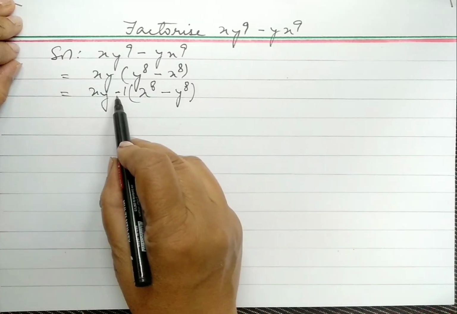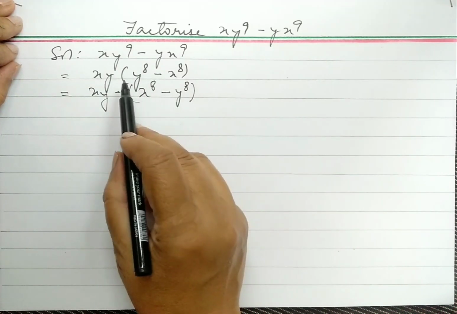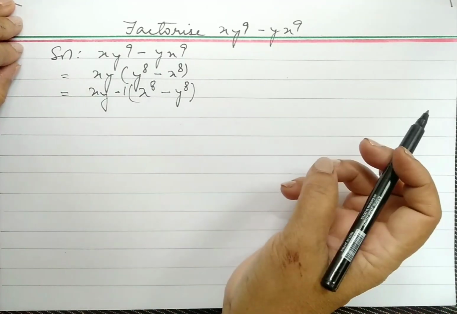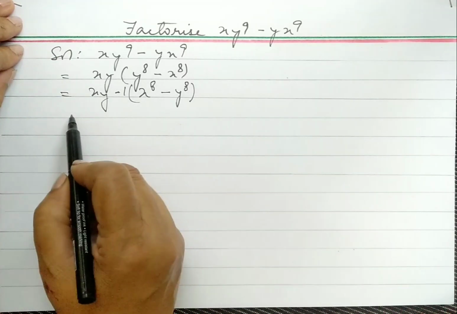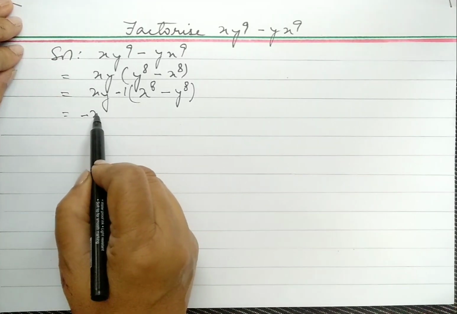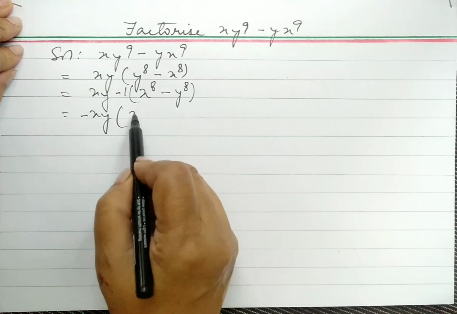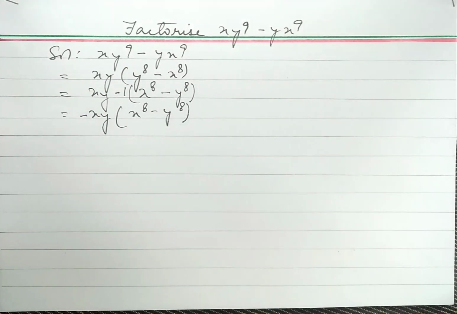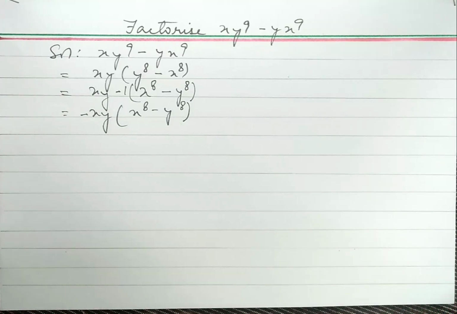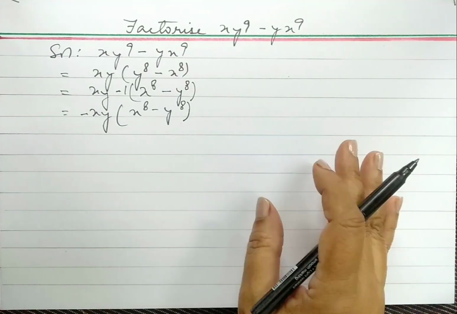Alright, why? Because minus is plus y to the power 8. Now we'll not let this hang around like this, so we'll take minus xy, and now we have this one to deal with. Just looks better and more organized.